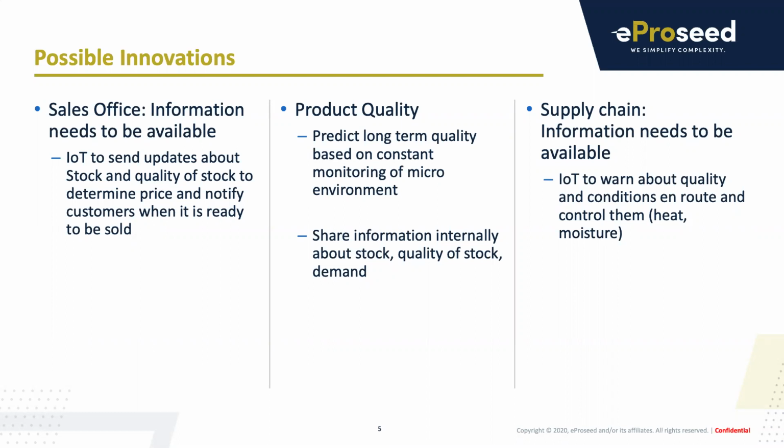And then obviously supply chain. You can share all the information that is needed for the supply chain at every moment in time. So you can use Internet of Things, again, to warn about the conditions and quality when the product is en route from the customer to their clients.